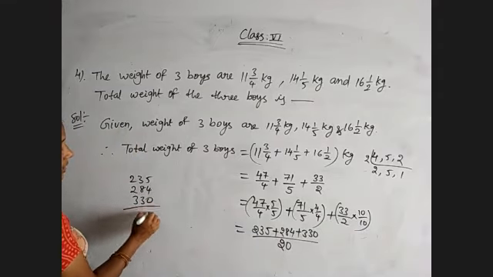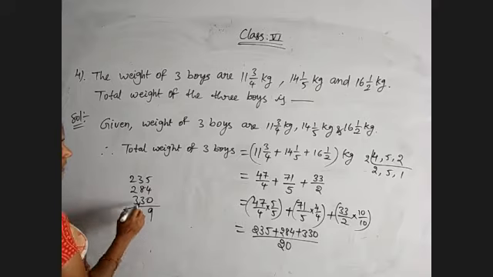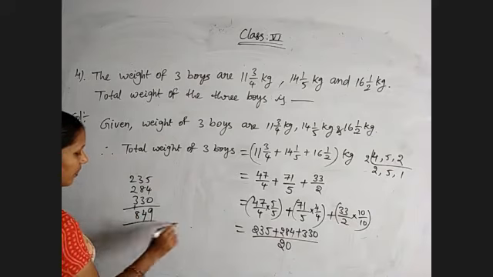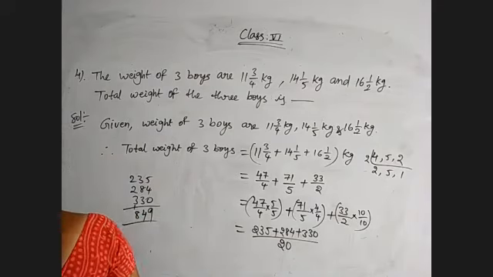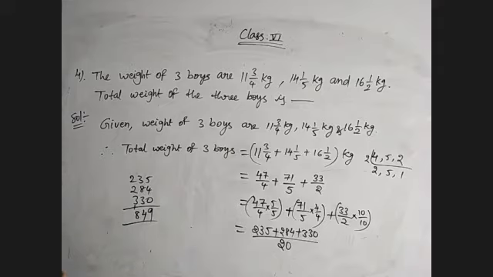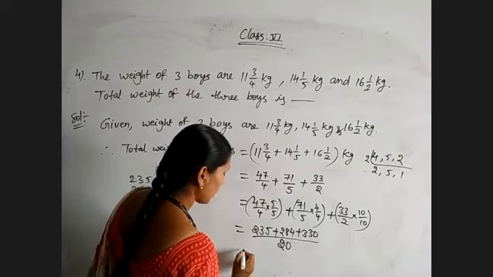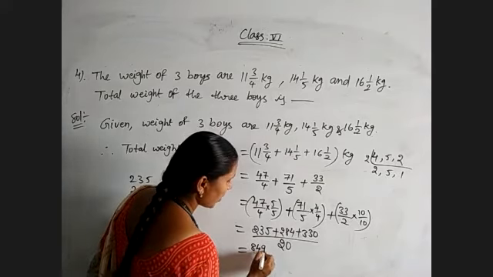What will we get? 9 and 6 plus 8 is 14. 4 plus 2 is 6, plus 2 is 8. 849 by 20. So it is an improper fraction again.